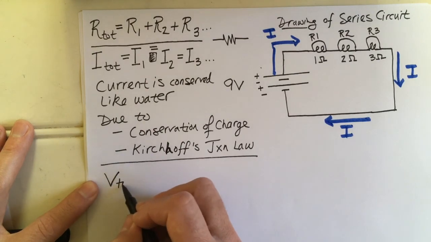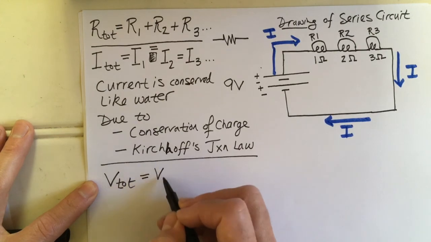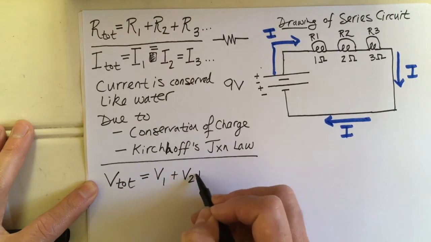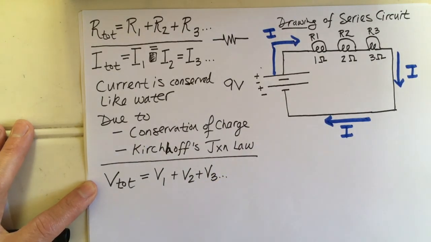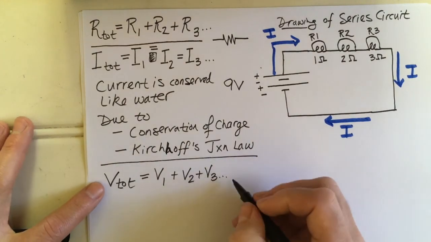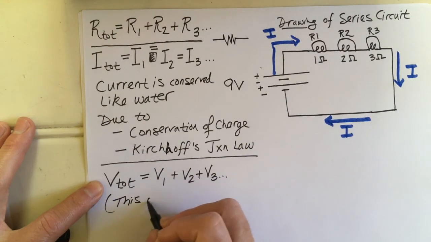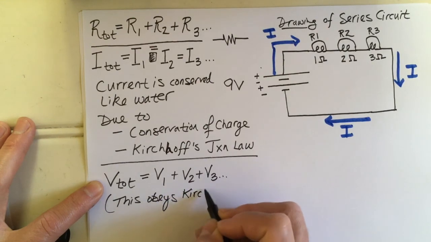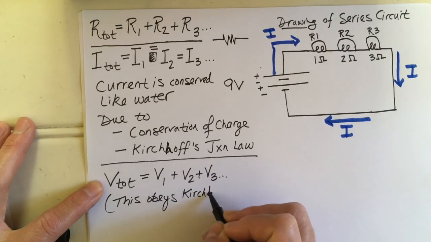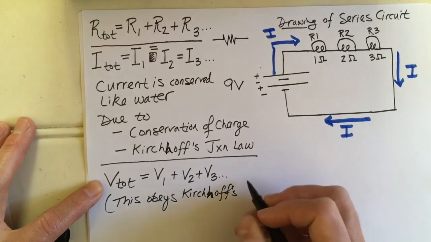Our total voltage in a series circuit is going to equal V1 plus V2 plus V3 ... And so what we're saying here is that this obeys Kirchhoff's loop law.